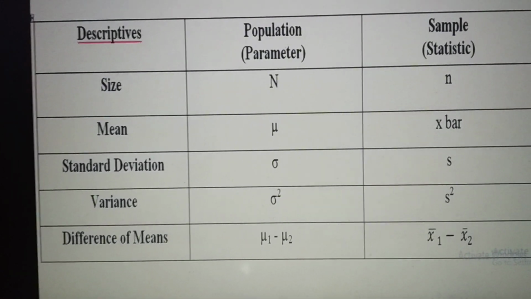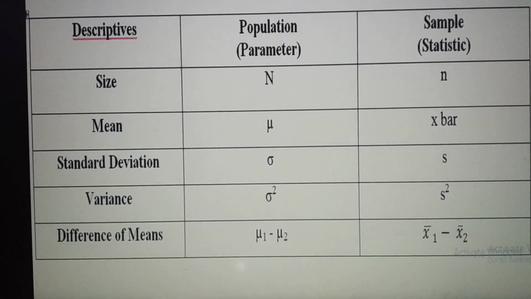Now let's have an example of the sampling distribution of mean. Suppose we have population data which is -2, 0, 2 and 4. I calculated the mean of this data.